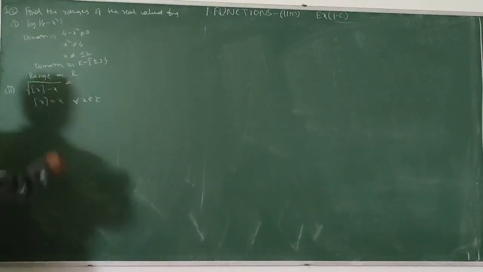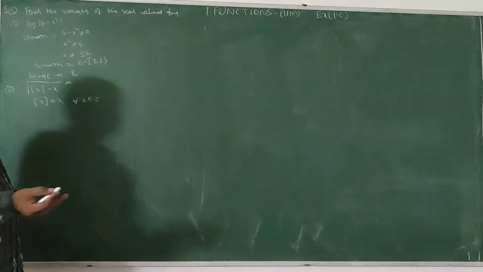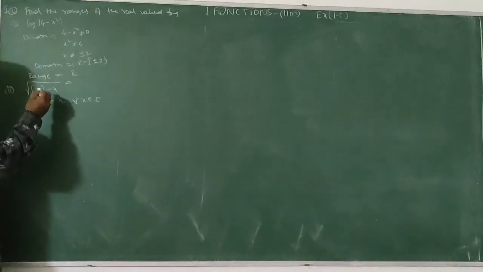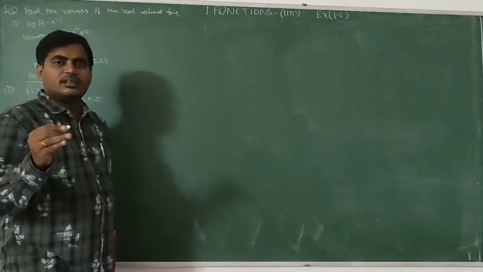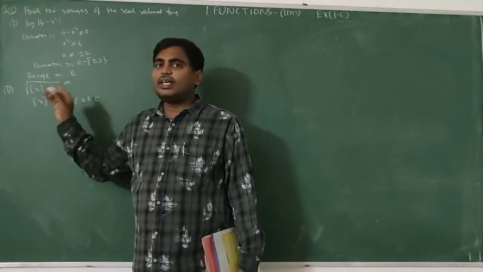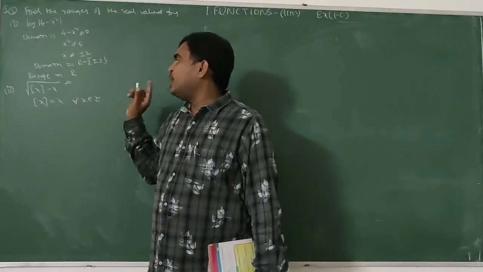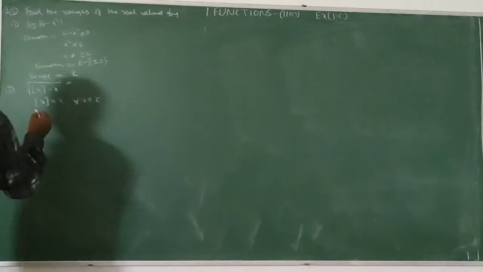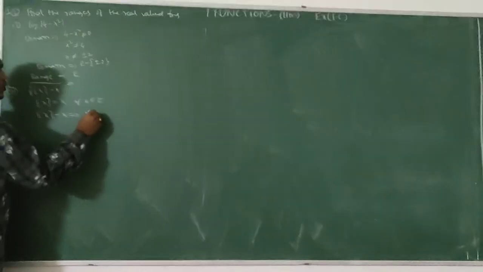Bracket x minus x is either equal to 0 or bracket x is smaller than x. If bracket x is smaller than x, then the square root of a negative does not exist. So we won't take bracket x not equal to x. Bracket x equal to x only for x belongs to Z. So bracket x minus x equal to 0 for all x belongs to Z.